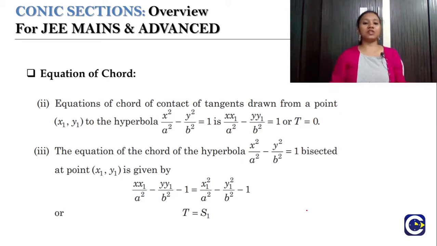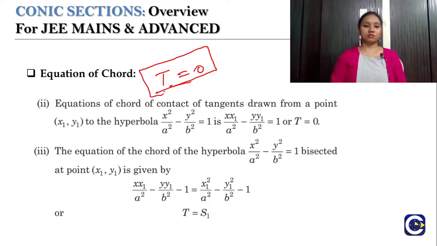Next we have the equation of the chord of contact. In every conic section topic, we have the same concepts and the same conditions. The only thing that differs is the equation of the conic section. Here also, it is the same thing. What is the condition to write the chord of contact? The condition is T equal to 0.